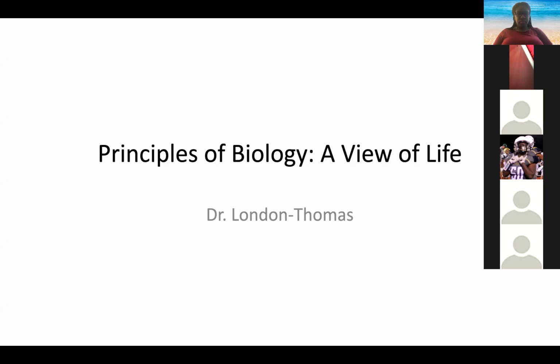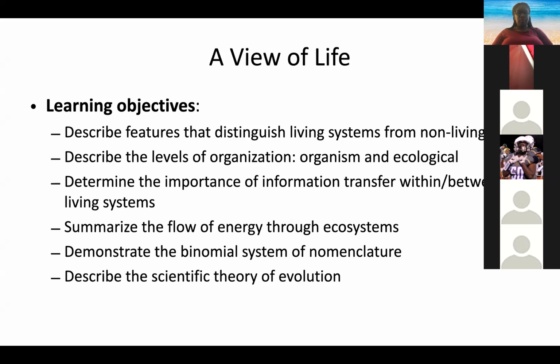So we'll start with the first couple of learning objectives for this chapter. We're in chapter 1. One of the things we want to be able to do after we finish this discussion is describe features that distinguish living from non-living. I think intuitively we can think about some things that right away would help us identify that something is alive versus non-living, but we want to clarify those things and identify some terms associated with living and non-living as it relates to principles of biology.